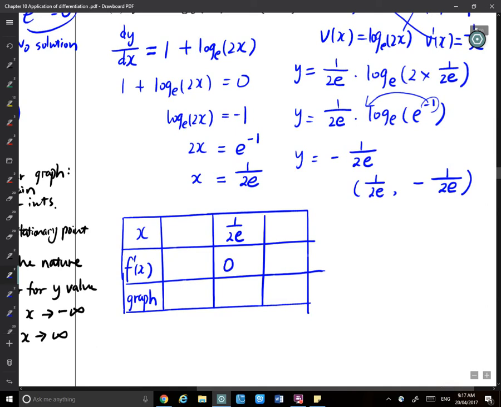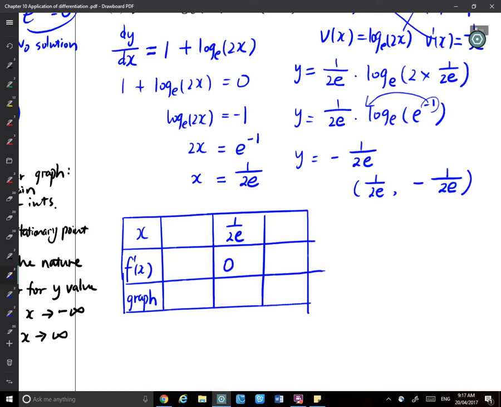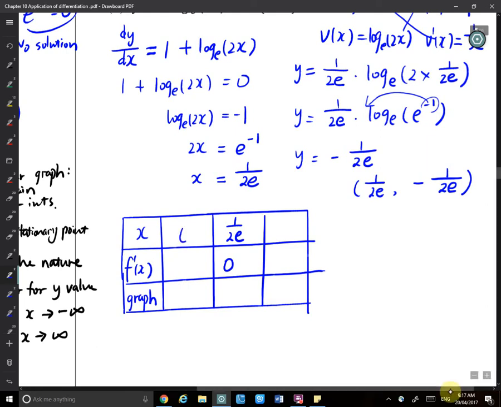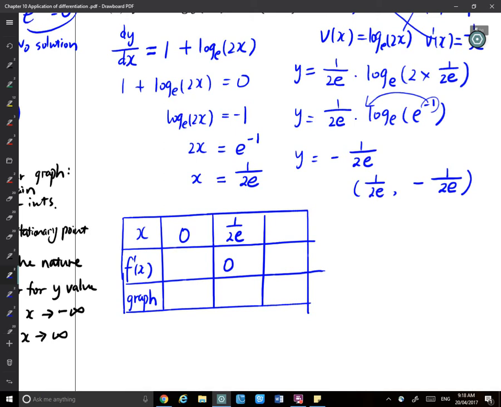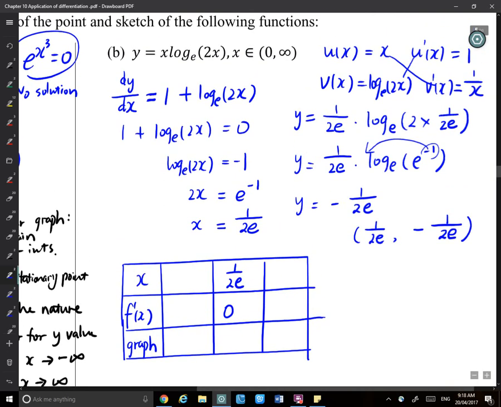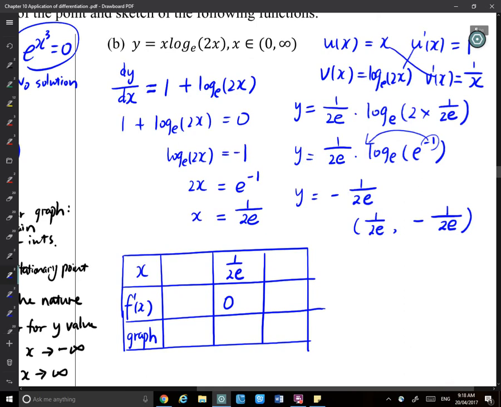Let's choose a point to the left of that. 1 on 2e must be a positive number. Then I could choose 0 here. You can't choose 0. Why? Your domain is greater than 0. You can't choose 0 because you can't put 0 into log e.